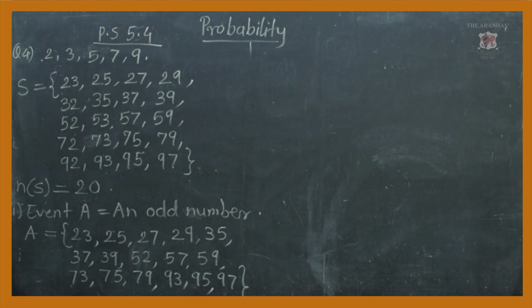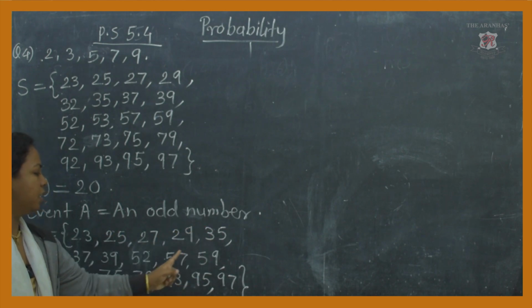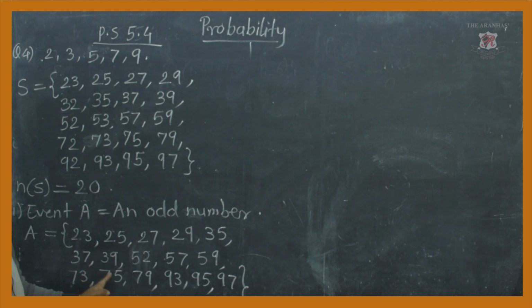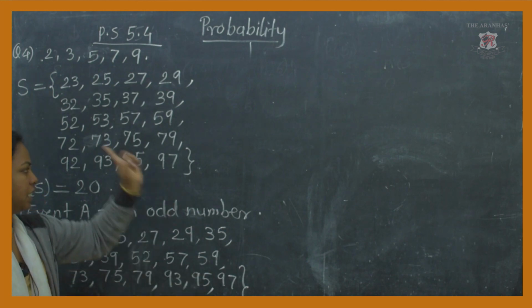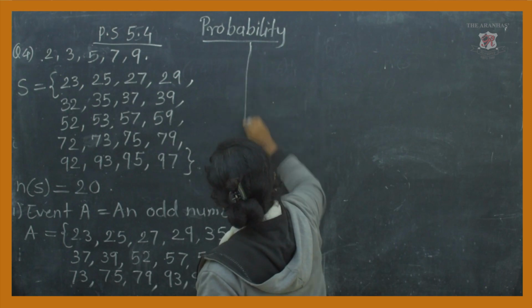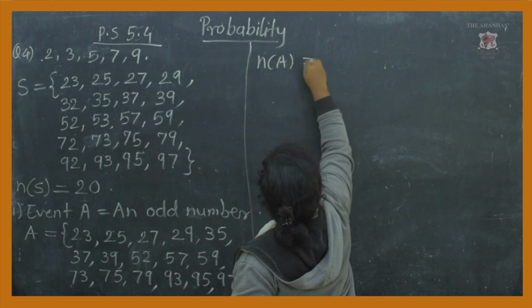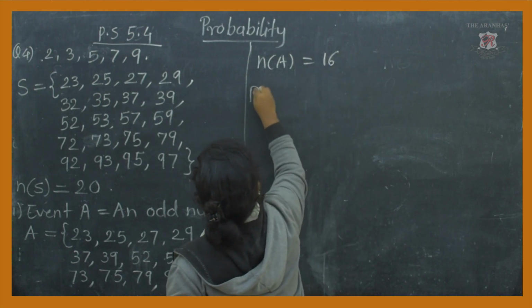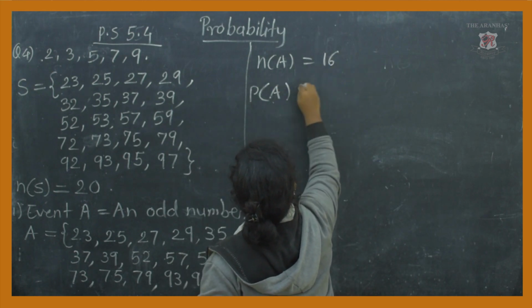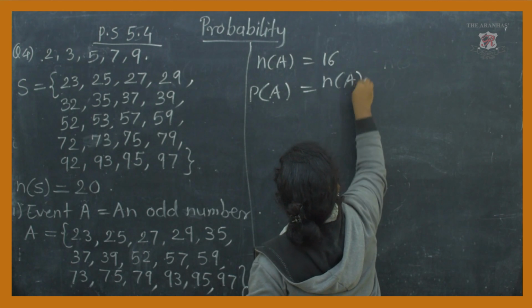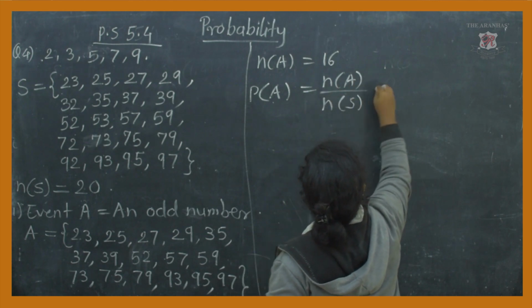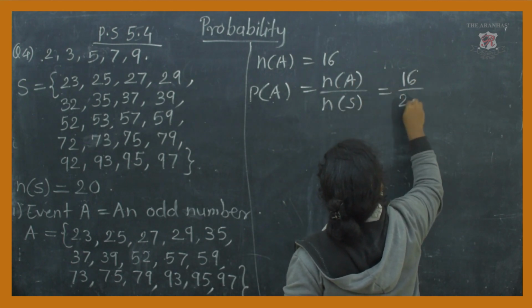These are all the odd numbers that we are calculating. 1, 2, 3, 4, 5, 6, 7, 8, 9, 10, 11, 12, 13, 14, 15, 16. So, n(A) is 16. Probability of A is n(A) upon n(S), 16 upon 20.